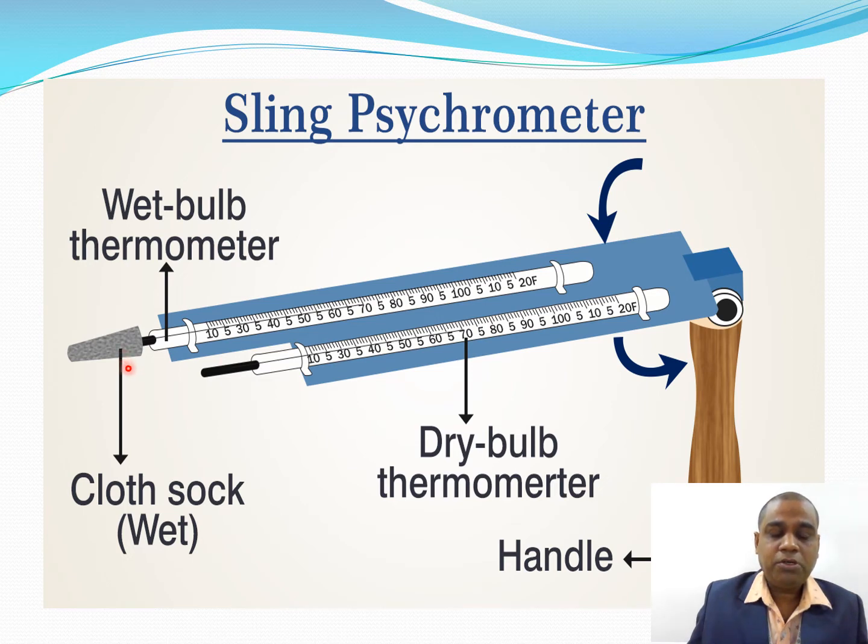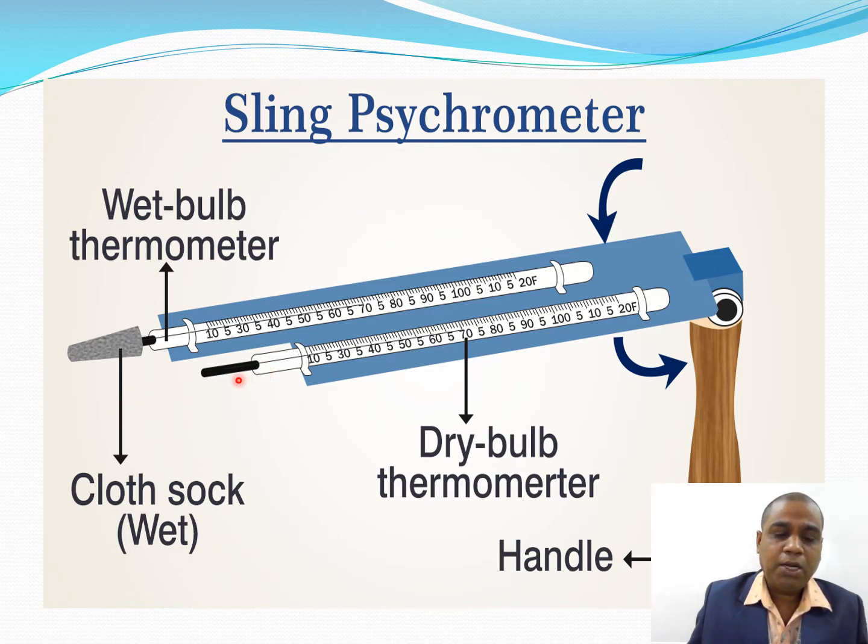Then suppose we want to measure dry bulb temperature. So again, we have to operate this handle. This handle is used to swivel again to the dry bulb thermometer line, so in that time, what happens? The wet bulb thermometer will move back, and the dry bulb thermometer will move forward.